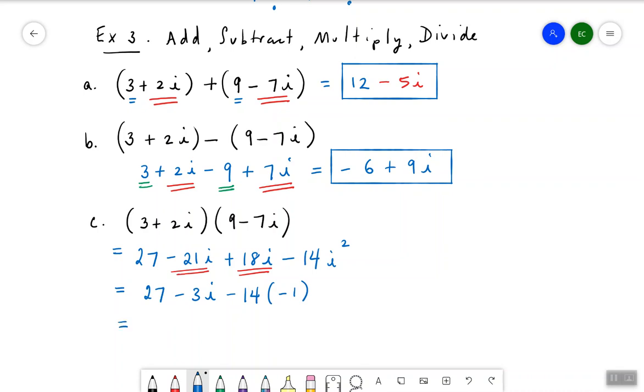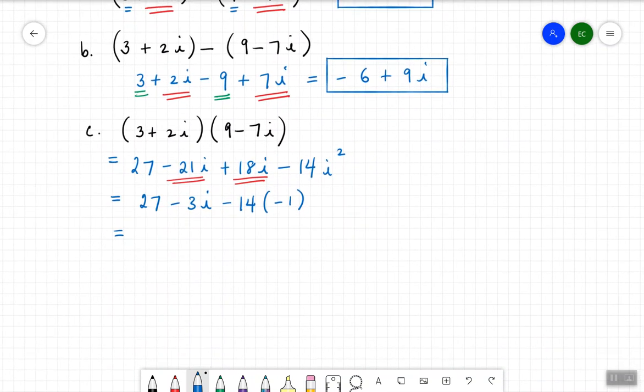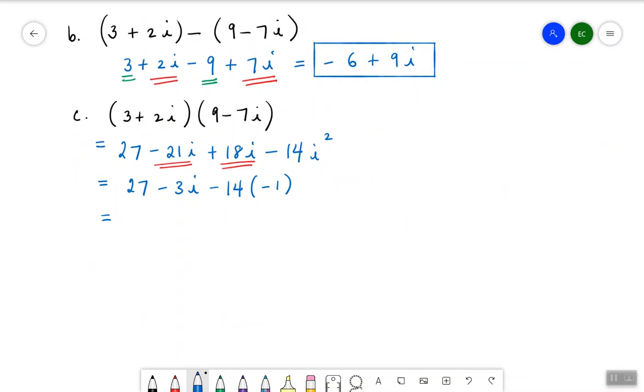That's the thing that students sometimes forget about when they work this problem. So negative 14 times negative 1 makes a positive 14. We'll have 27 minus 3i plus 14, and then we can go ahead and write 27 plus 14, as those are like terms here, and so we would have 41 minus 3i for our final answer.